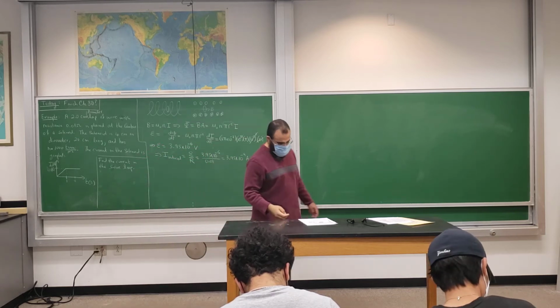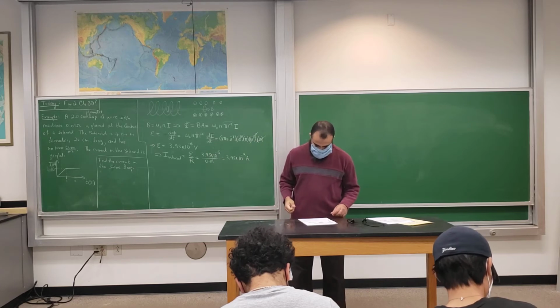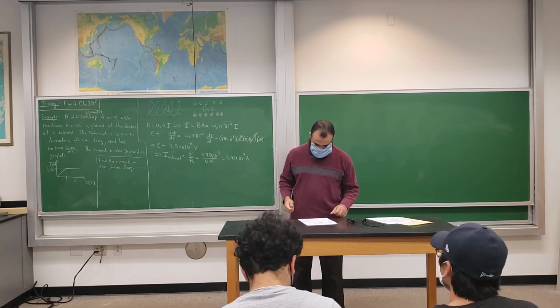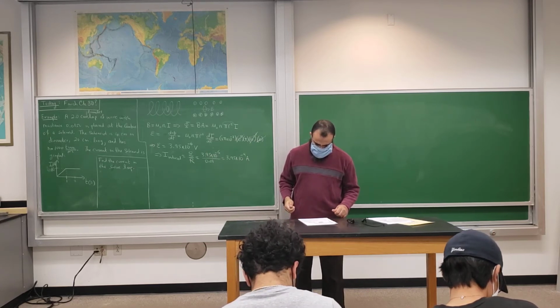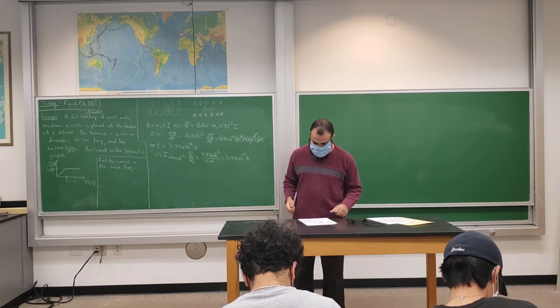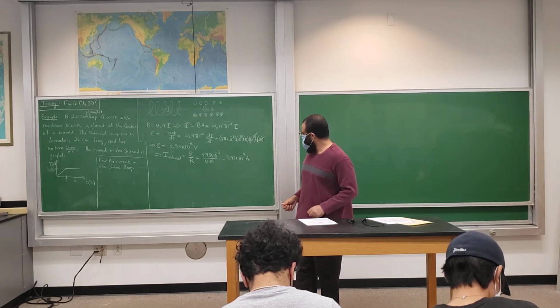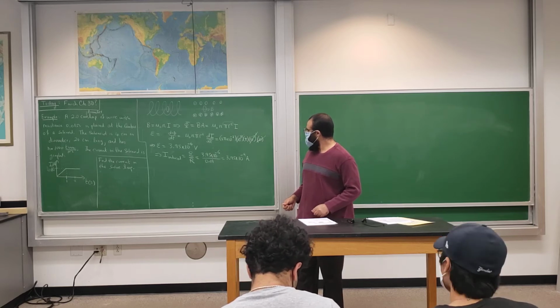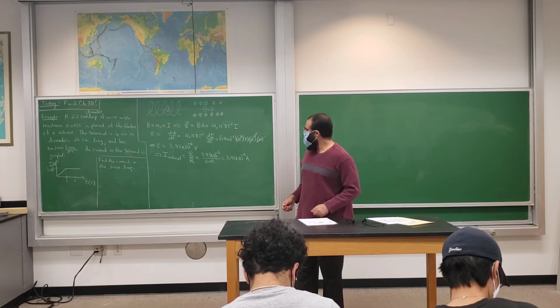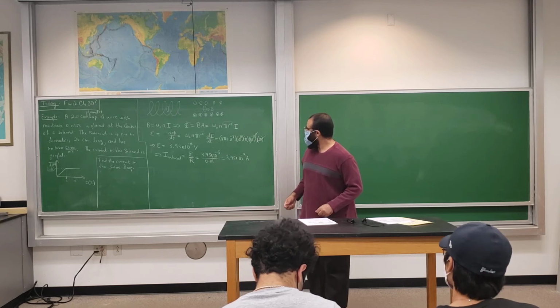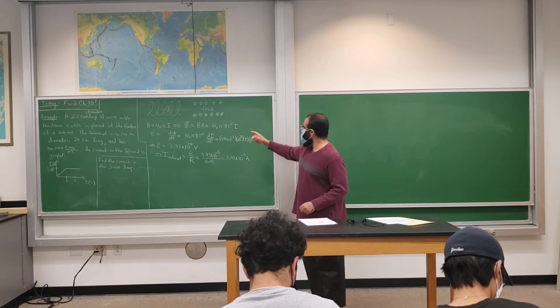So let's see if I have it right. Now I have 1.97 times 10 to the minus 3. I got 3.95 as well. Am I missing something in the formula here?